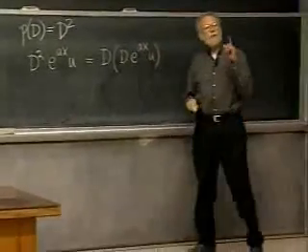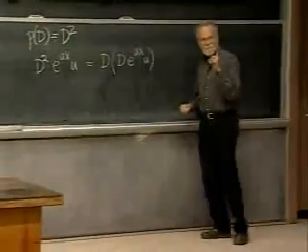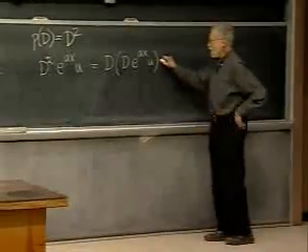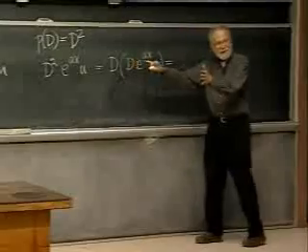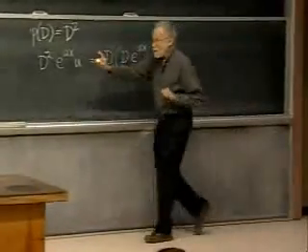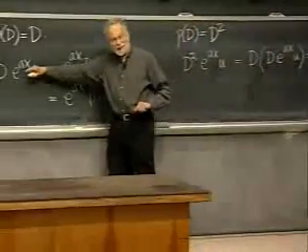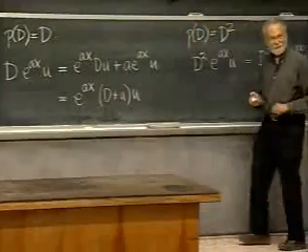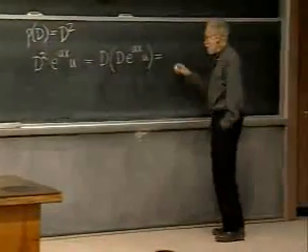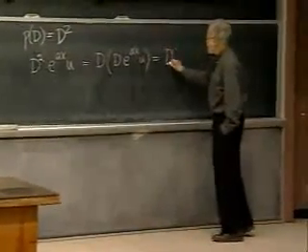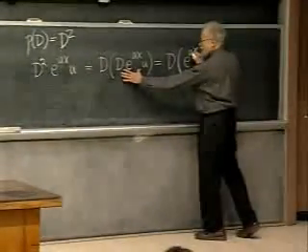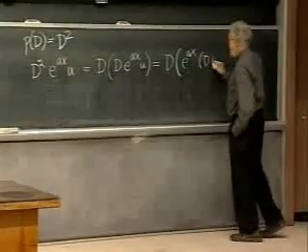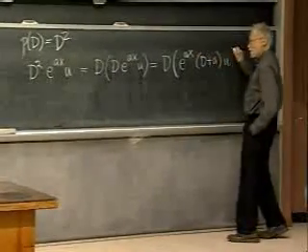In other words, we'll do it one step at a time. But you see now immediately the advantage of this. What's d of e to the ax u? Well, I just calculated that. Now, don't go back to the beginning. Use the formula. After all, you worked to calculate it, or I did. So it's d of, and what's this inside? It's e to the ax times d plus a times u.